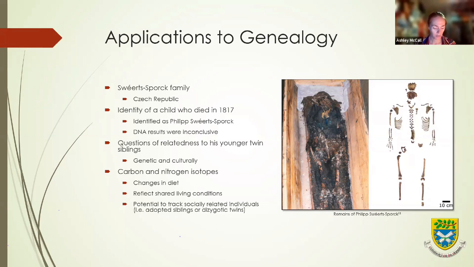Quote, "The results of the study show that in situations where it is not possible to apply DNA analysis, the creation of an osteobiographical profile and, in particular, the use of stable carbon and nitrogen isotope analysis from childhood has great potential for clarifying biological family relationships.